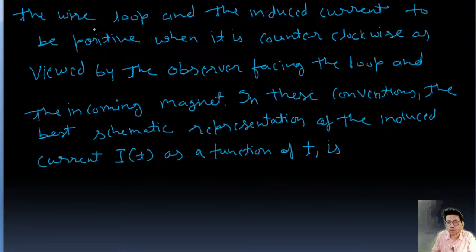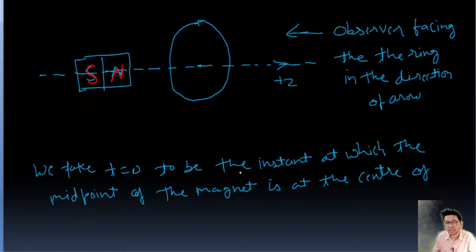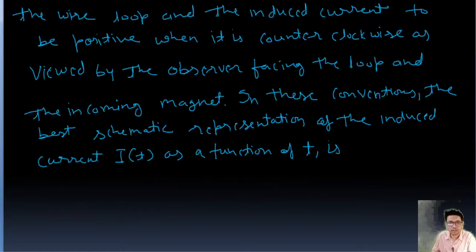Now we take t equal to 0 to be the instant at which the midpoint of the magnet is at the center of the wire. Okay, and the induced current is taken to be positive when it's counterclockwise as viewed by the observer facing the loop and the incoming magnet.